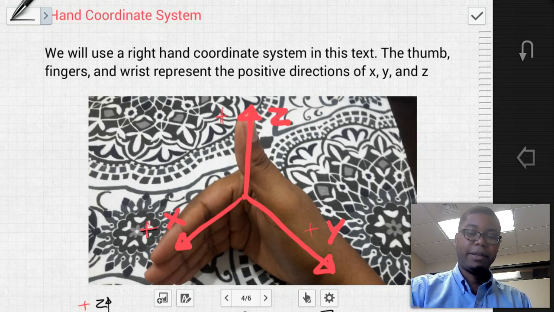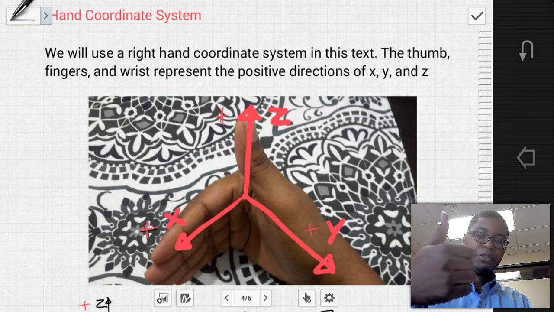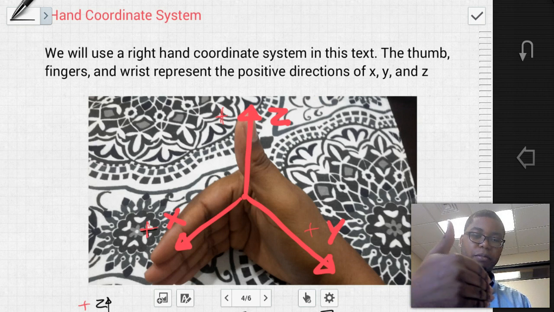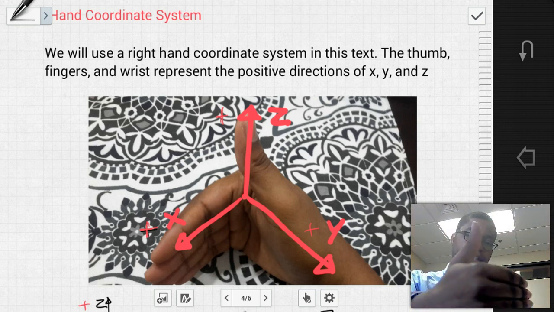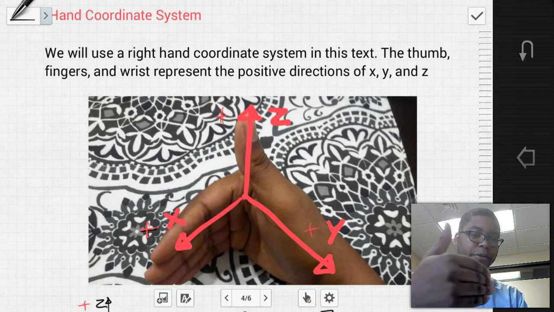If you look at the drawing, you can see my hand creating a certain shape. I have my thumb pointed upwards, and you see my fingers curled, pointed outwards, and my wrist extended.